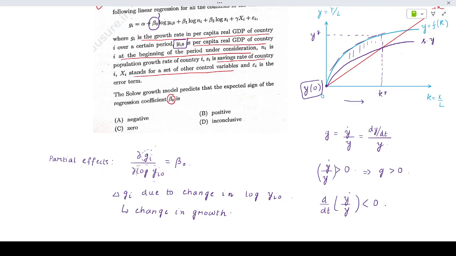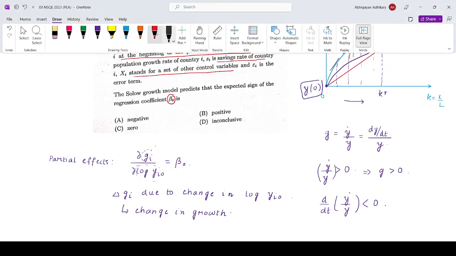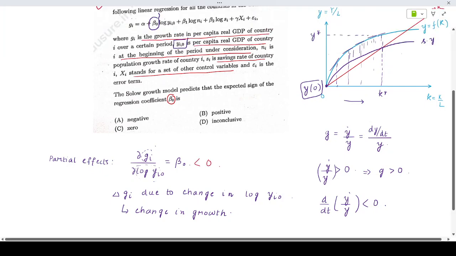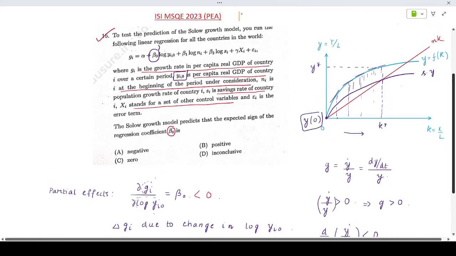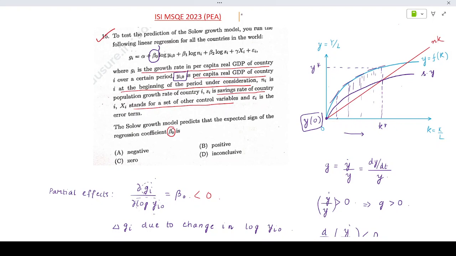In the initial periods you will have higher rates of growth, and it will gradually go on falling in the consecutive periods. So the expected sign of beta naught should be negative, because the change in growth due to change in the initial amount is given by the concave nature of the production function. This gives you your correct option as option A. Thank you everyone.